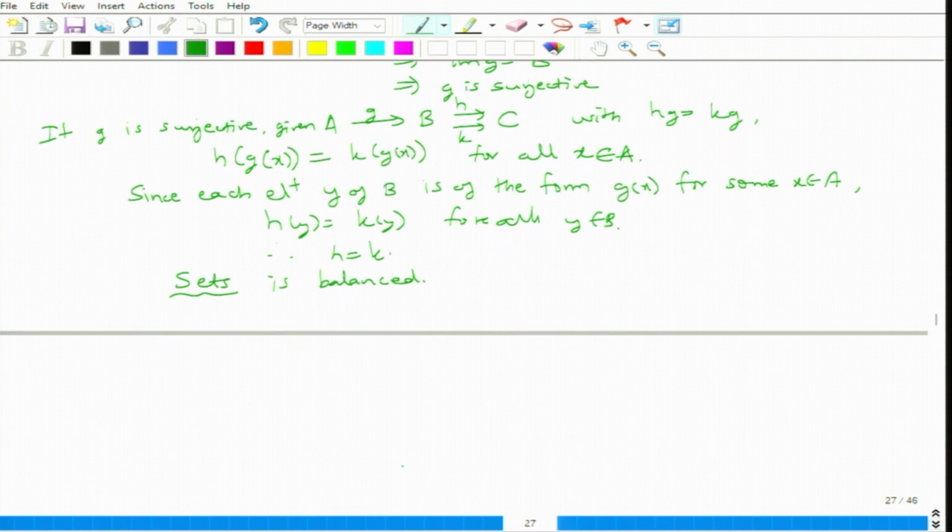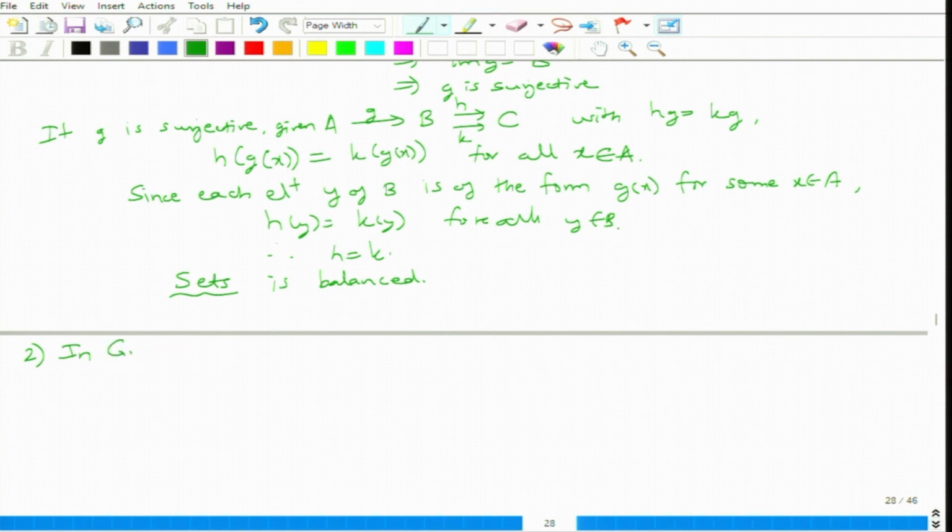Okay, I'm just going to continue writing over here. Second example. In the category of groups, I think we are using GR.